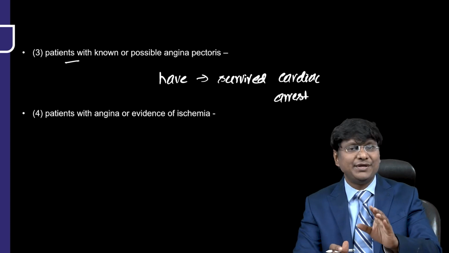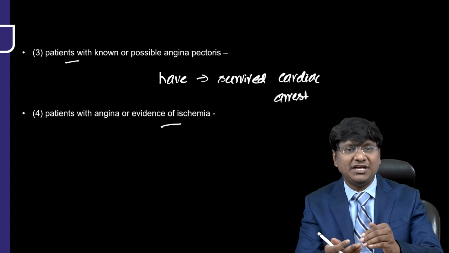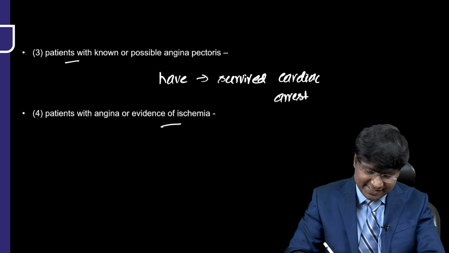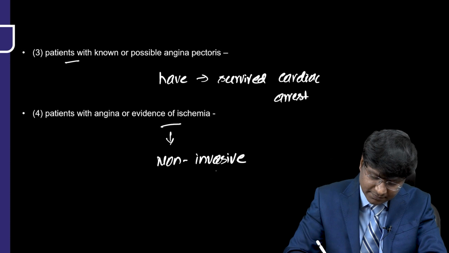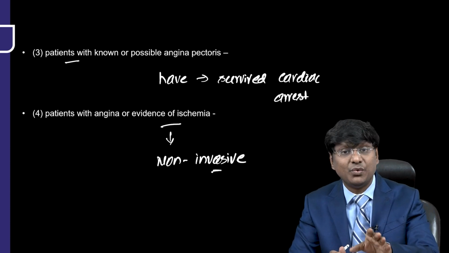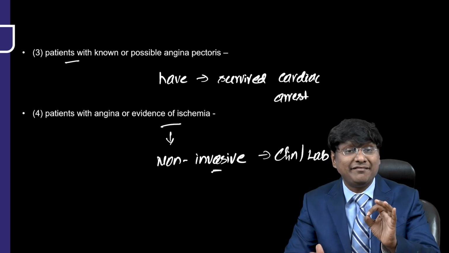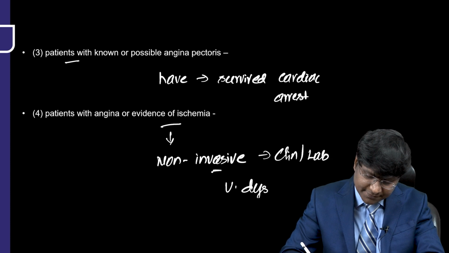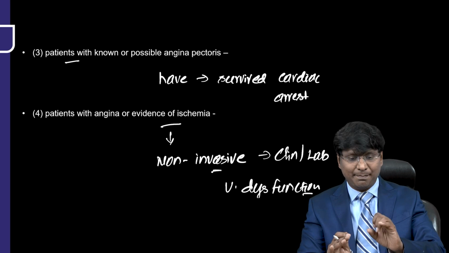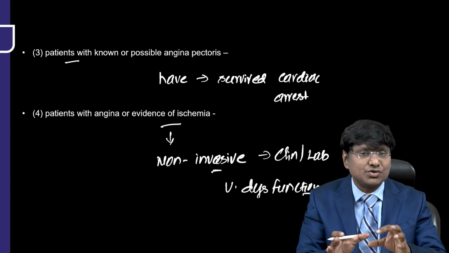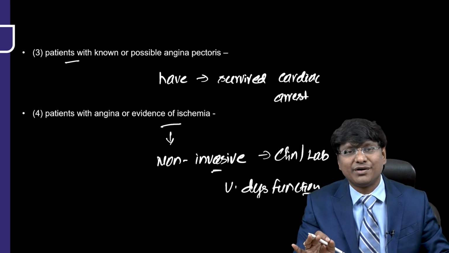The fourth important scenario is patients with angina or evidence of ischemia on non-invasive testing, with clinical or laboratory evidence of ventricular dysfunction. So a patient having angina and ventricular dysfunction on 2D echo is an indication for coronary arteriography.